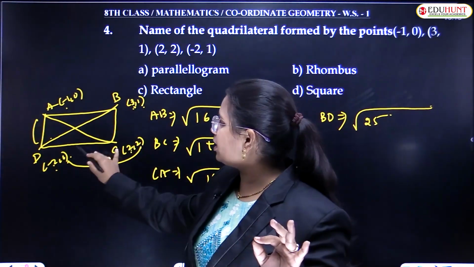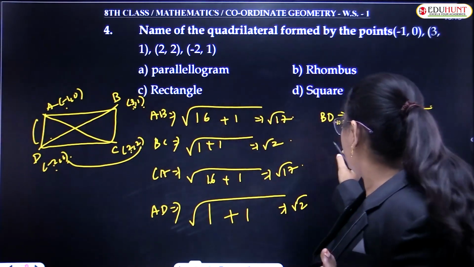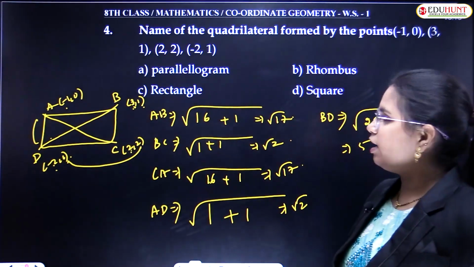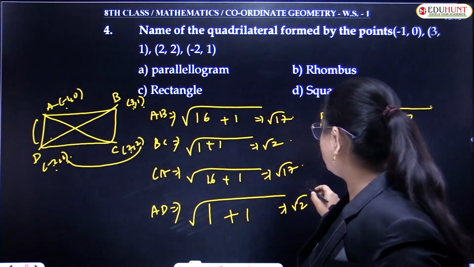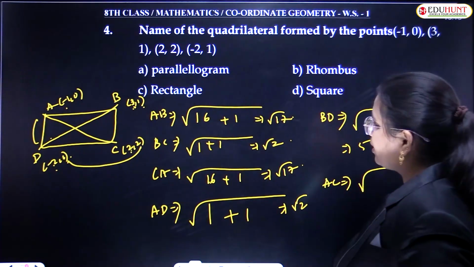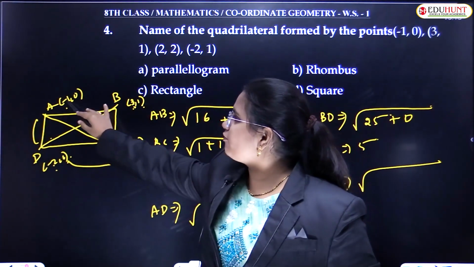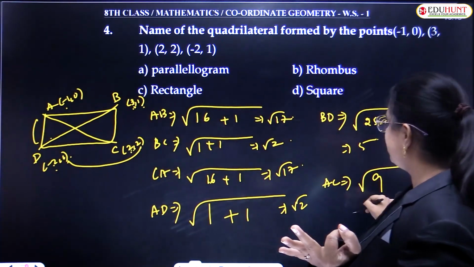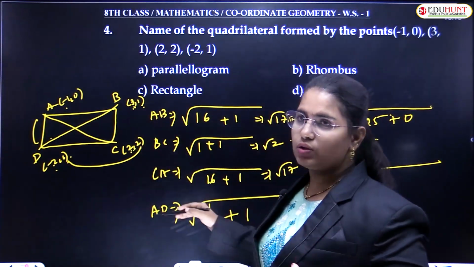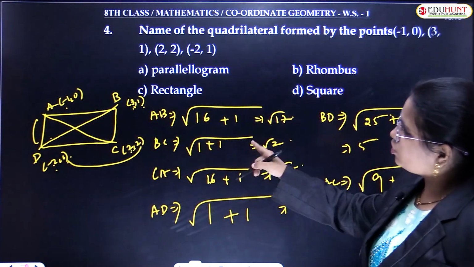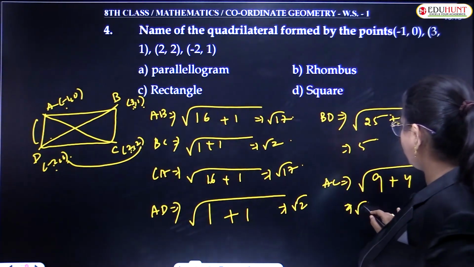And this one, 1 minus 1 whole square is 0. So root 25 value is 5. And now calculate the diagonal AC. x2 minus x1, 2 minus of minus 1, which is 3. 3 whole square is 9. 2 minus 0 whole square is 2 square, which is 4. So 9 plus 4 is root 13.